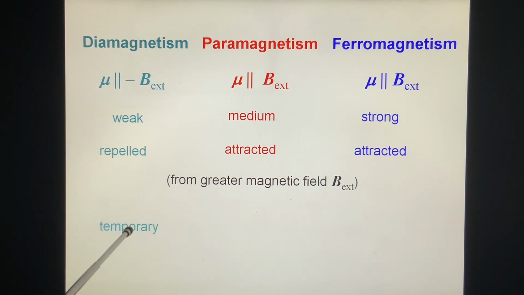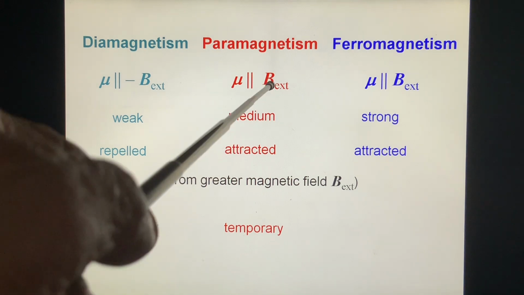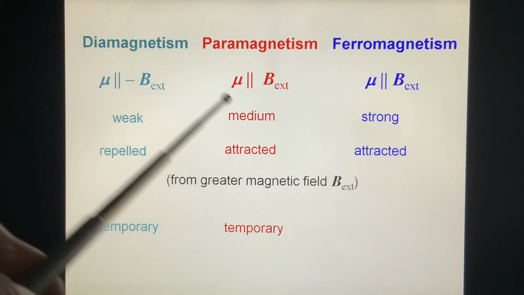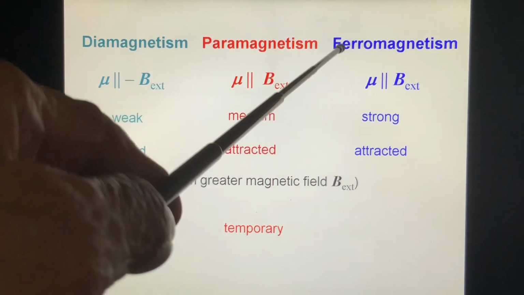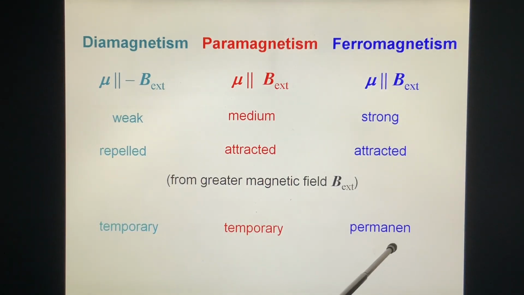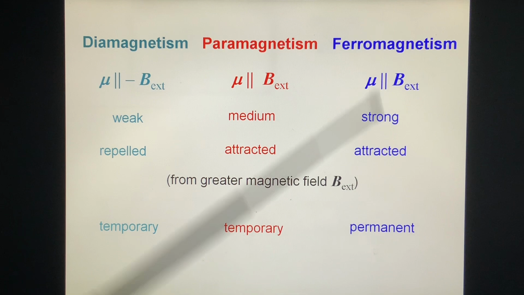You withdraw the external B, it disappears. Paramagnetism is temporary. You withdraw the external B, it disappears. And ferromagnetism is permanent. You withdraw the external magnetic field, it still exists.